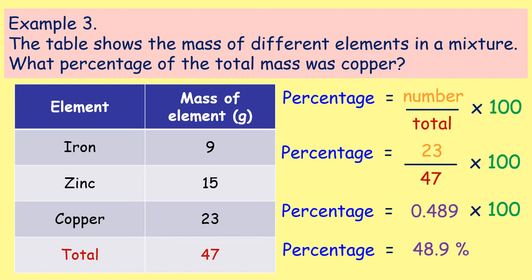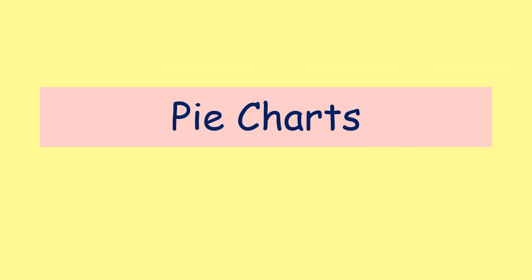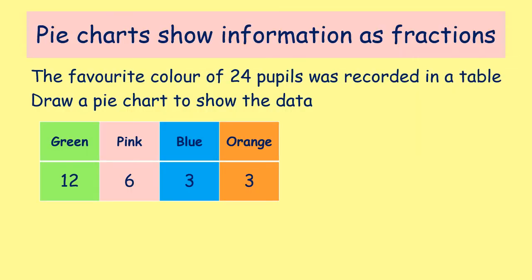Now we're going to move on to our final skill, and that is how to draw a pie chart. So pie charts are used to show information as fractions, and then we divide a circle into those fractions. So in this example, we've been told that the favourite colour of 24 pupils was recorded in a table.